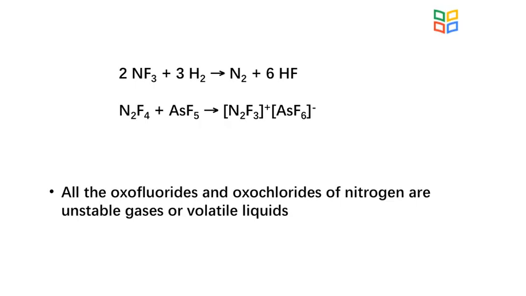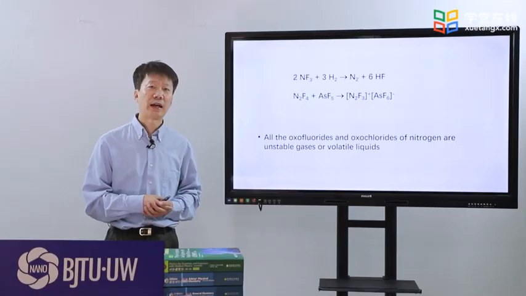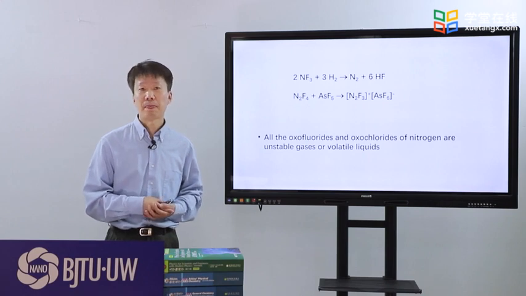Important nitrogen halides are the trihalides and the tetrafluoride. Nitrogen trifluoride is the most stable of the trihalides of nitrogen. It's a colorless gas, resistant to attack by acids and bases, but is decomposed by sparking with hydrogen, for example.